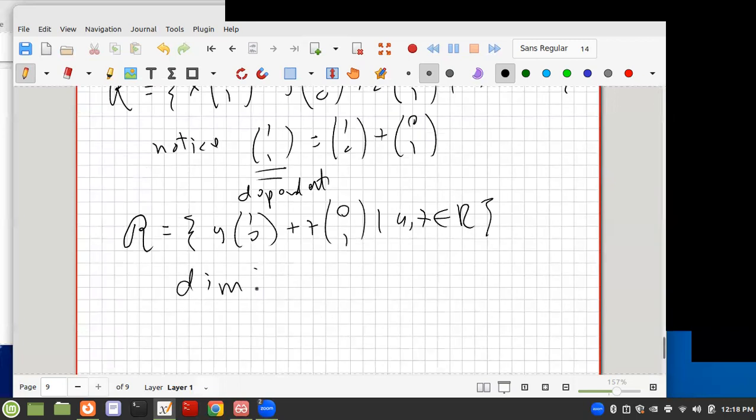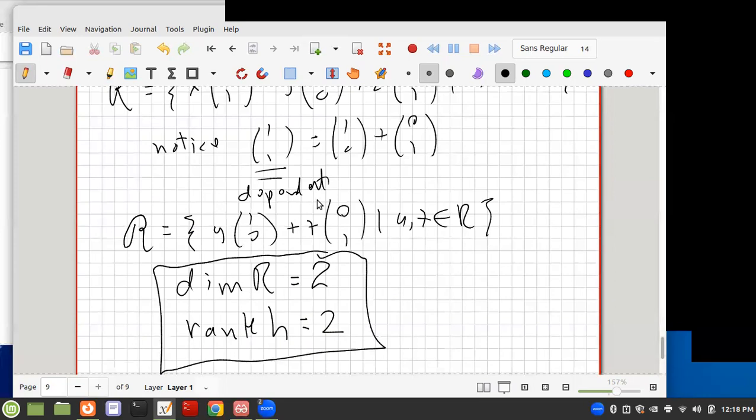Therefore, the dimension of R equals 2. Therefore, the rank of the map H equals 2. So the dimension of the range space equals the rank of the map. That's the definition. So this is how you find it.